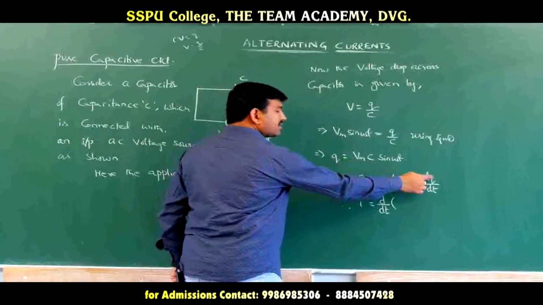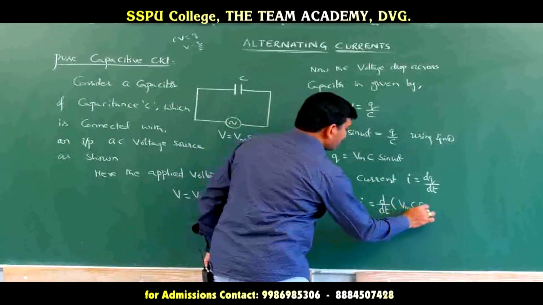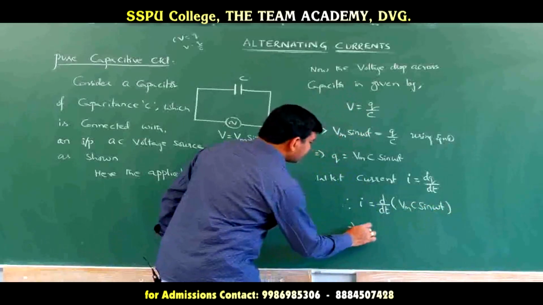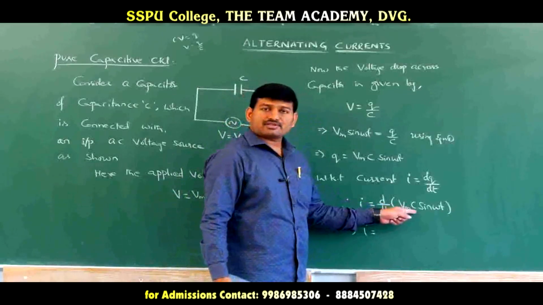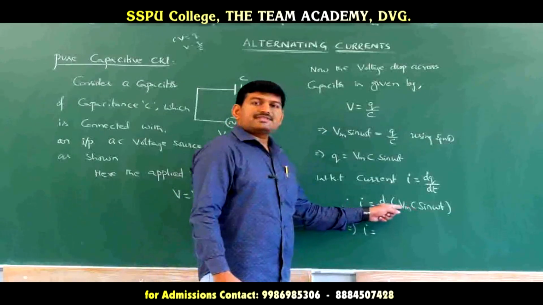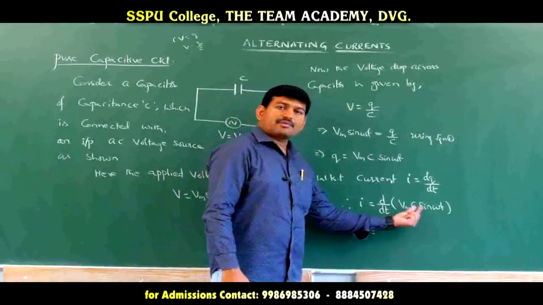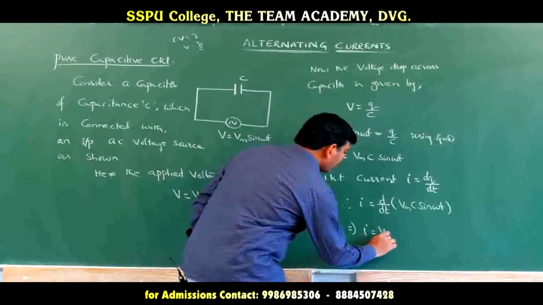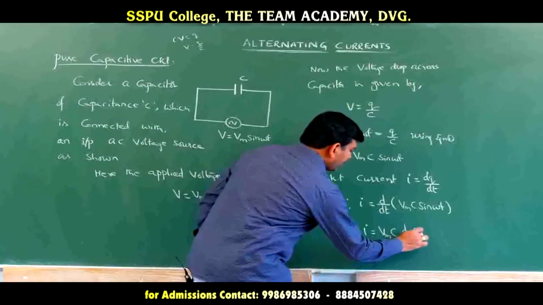Now this Q is replaced with this Q. Therefore, this is Vm into C into sin omega t. This implies I is equal to, here if you see the capacitance of a capacitor is fixed value, Vm is the maximum value of voltage which is also constant, and the constant terms can be written out of differentiation. Therefore, I can write it as I is equal to Vm into C into d by dt of sin omega t.